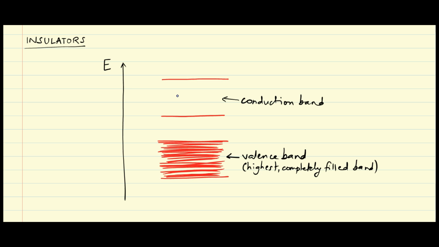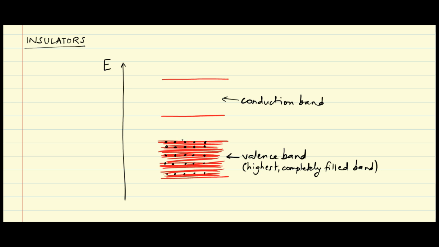In contrast to this, in insulators, the conduction band is completely empty or vacant. So I'll just draw some electrons over here signifying the completely filled nature of the valence band, and in contrast the conduction band in an insulator is completely empty.